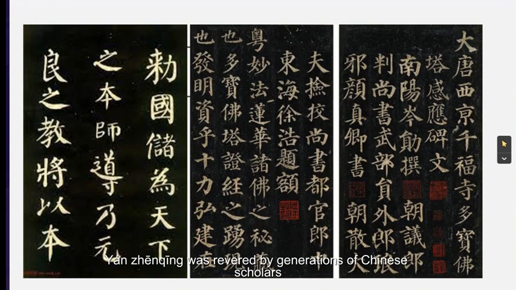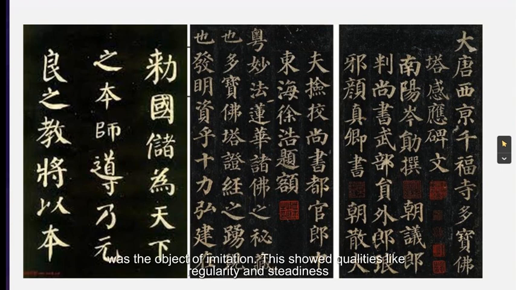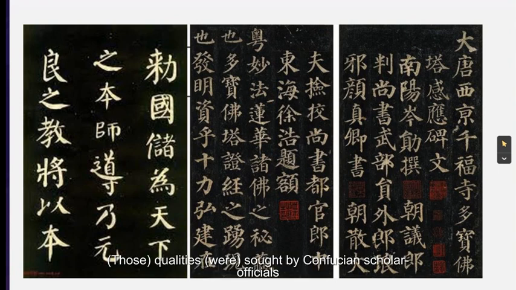Yan Zhenqing was revered by generations of Chinese scholars for his personality as well as his calligraphy. That is still the case today. His writing, especially in the regular style, was the object of imitation. It shows qualities like regularity and steadiness, qualities sought by Confucian scholar officials.